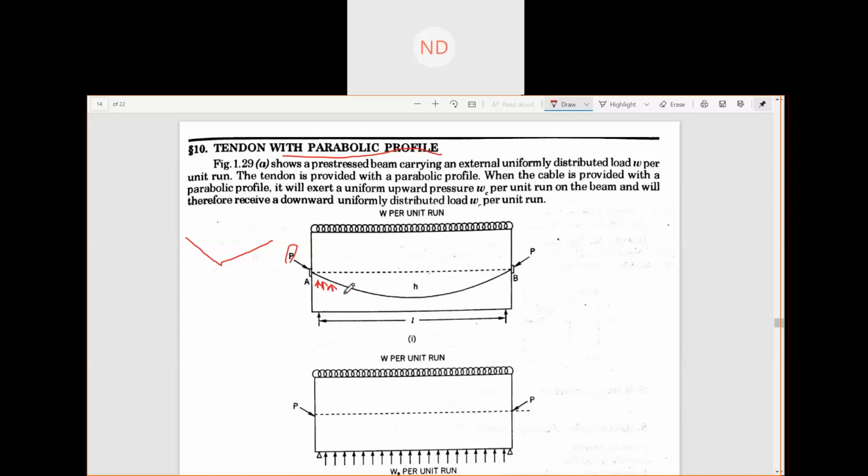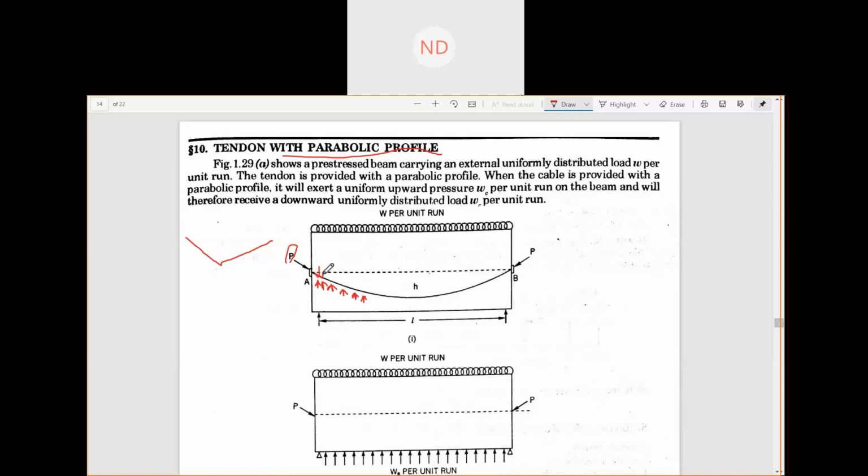This parabolic profile tendon will provide an upward thrust per unit run throughout the cable, and the uniformly distributed load is also going to act per unit run.